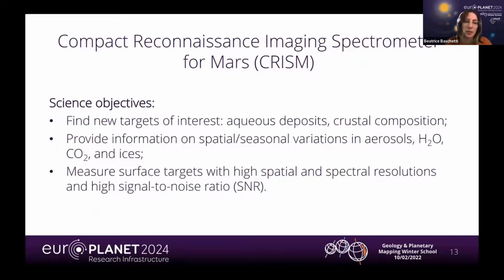So here are the science objectives of CRISM. The first one is to find new targets of interest, for example, aqueous deposits or something related to crustal composition. The second science objective is to provide information on the seasonal variation of some aerosols of CO2 or H2O ices. While the third one is to measure the surface targets of interest with a high spatial and spectral resolution, and we'll see how high this resolution is.